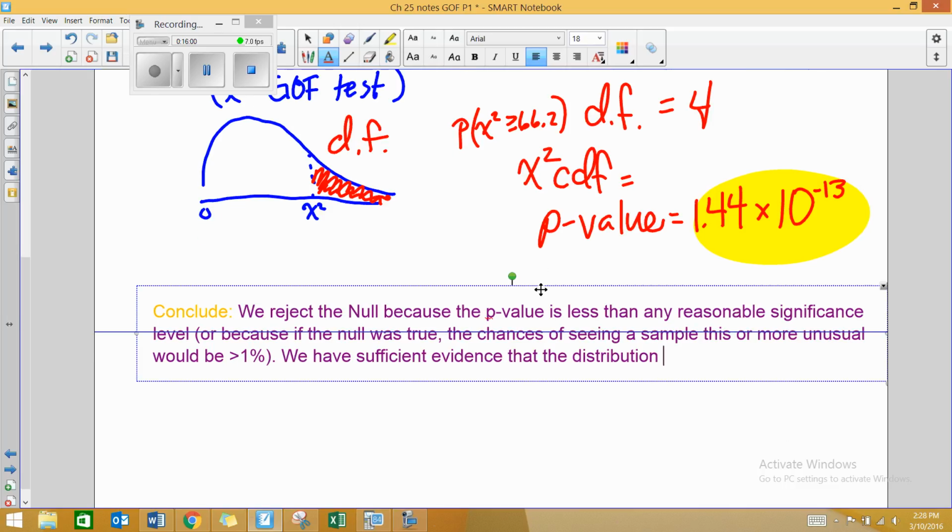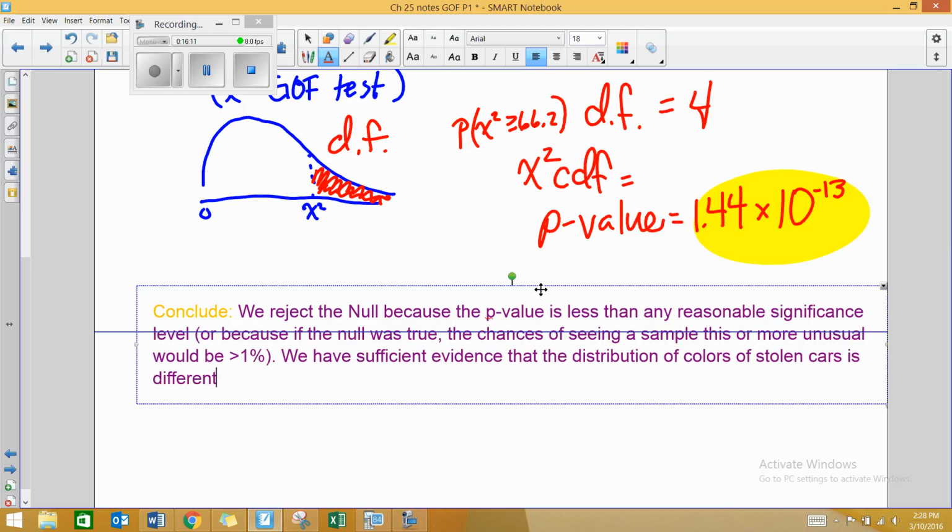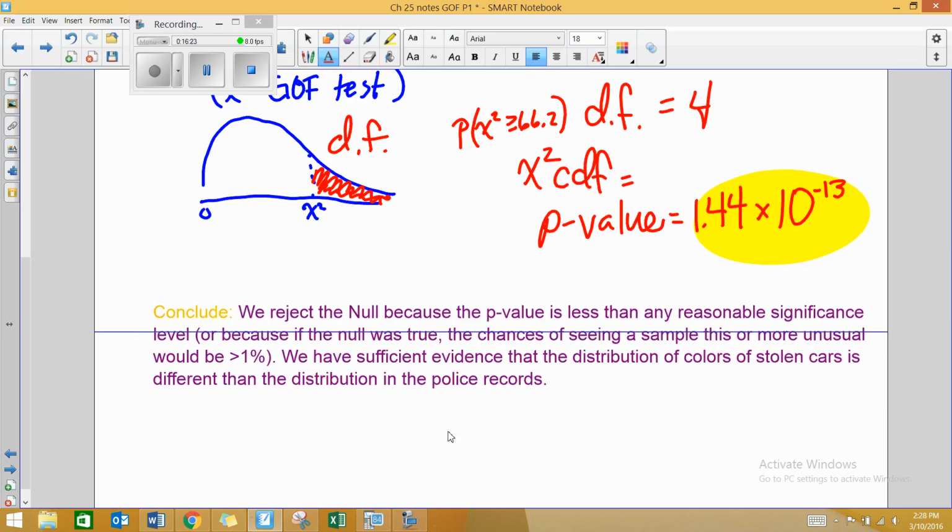So we have sufficient evidence that the distribution of colors of stolen cars is different than the distribution in the police records. Okay, and we'd be all done with that problem.